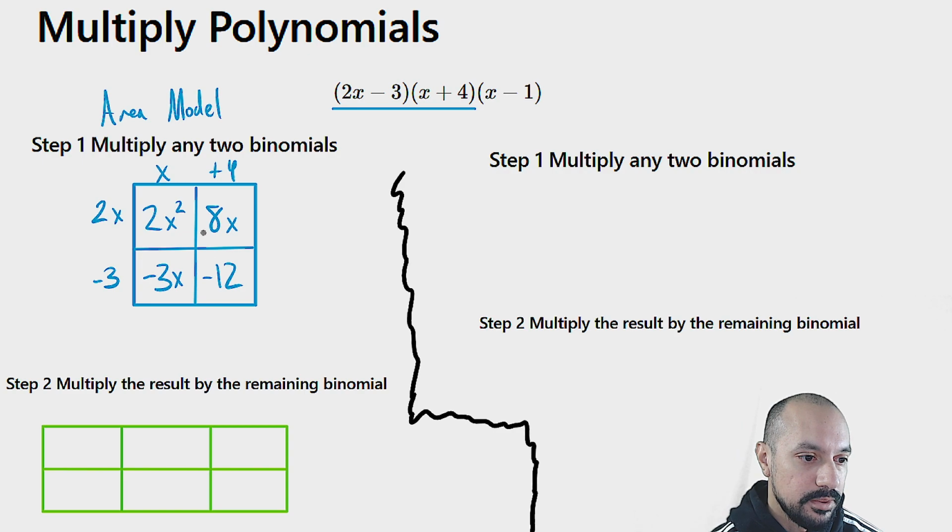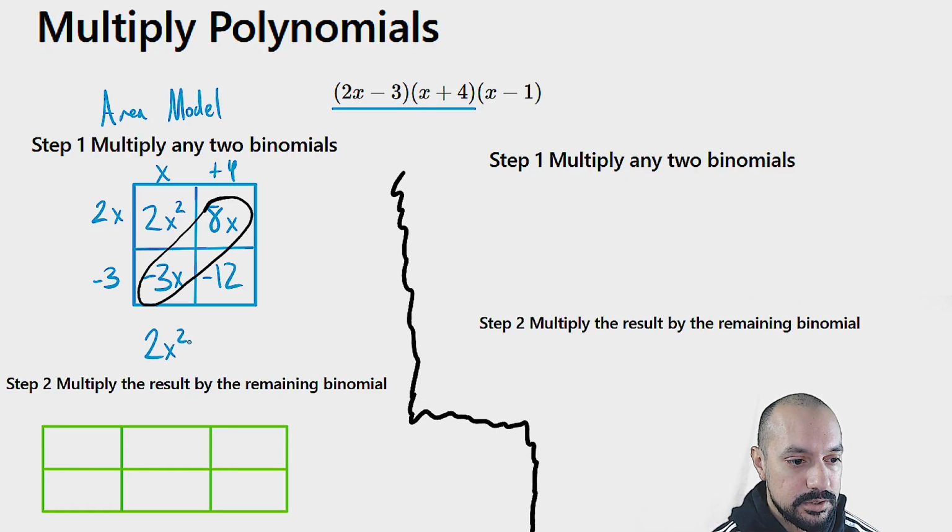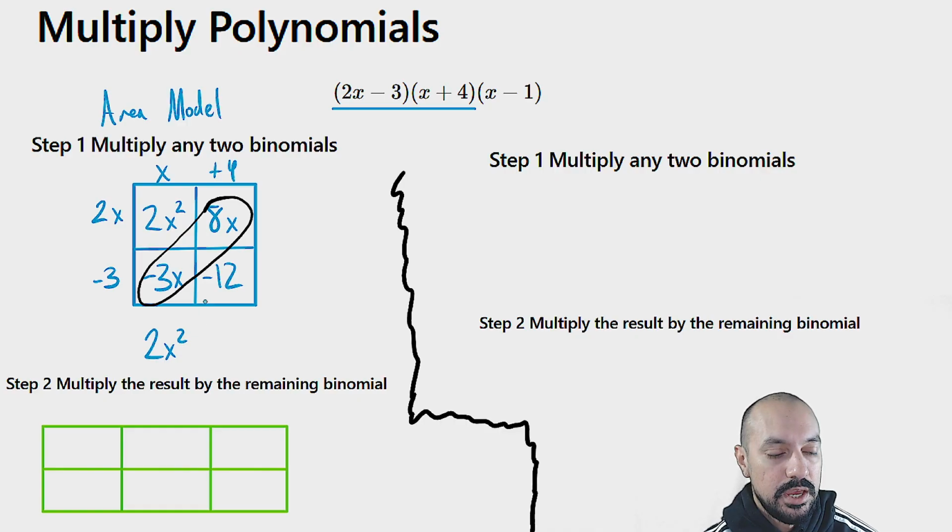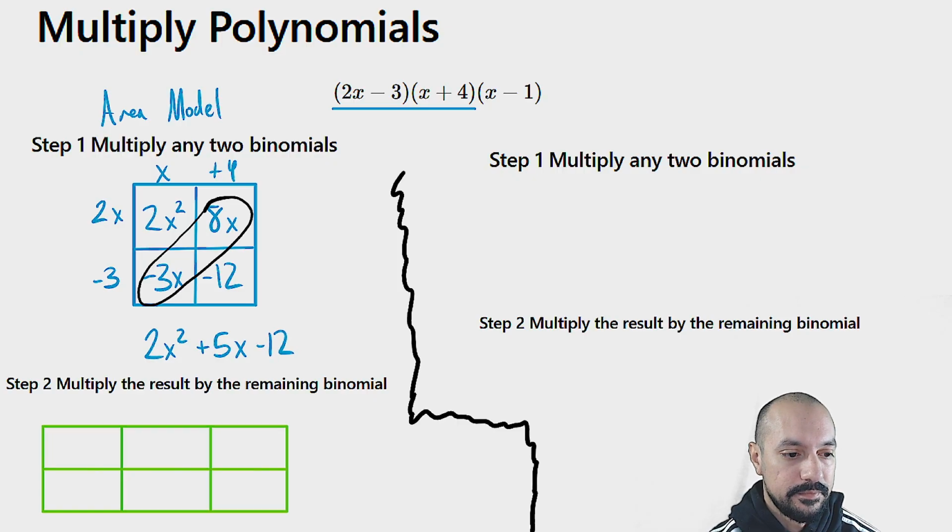What's really nice about this method is that you end up with like terms happening diagonally. And so before you record your final answer, you can just go ahead and combine those like terms. 8x minus 3x is going to give me 5x. Right.